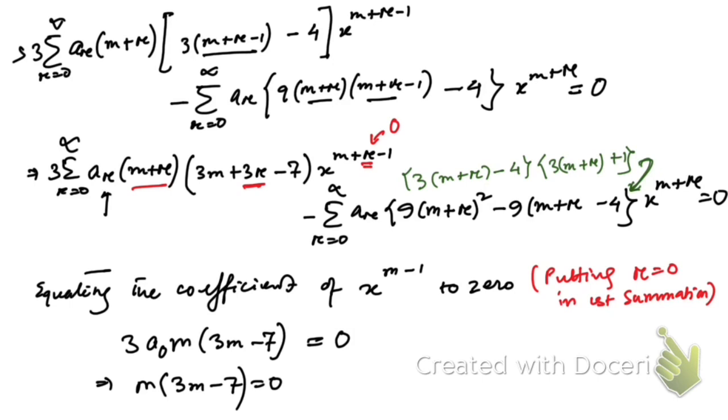But here a naught cannot be equal to 0, because if a naught is equal to 0, then all the coefficients will be 0. So that's why a naught is not equal to 0, right? Because if you take a naught 0, then all the coefficients will be 0, because we used to express all other coefficients in terms of something into a naught. So if a naught is 0, then other coefficients will also be 0. So that's why we cannot take a naught equal to 0 here.